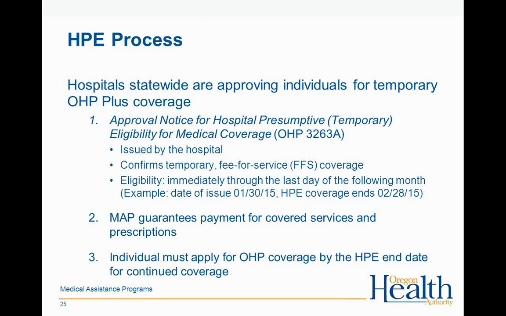So this is temporary in that the client still needs to submit a full application to the Oregon Health Plan for us to determine long-term eligibility. So do keep in mind that that coverage will end on that date if they're not found eligible after that date per their application and eligibility requirements.